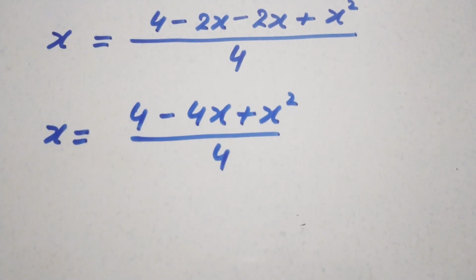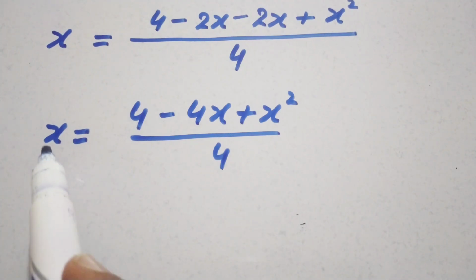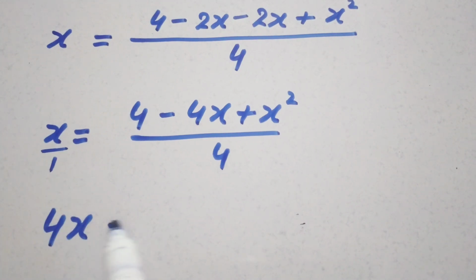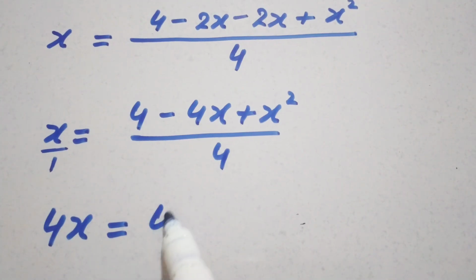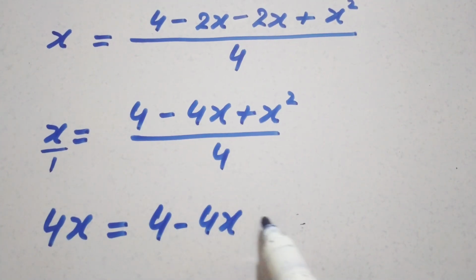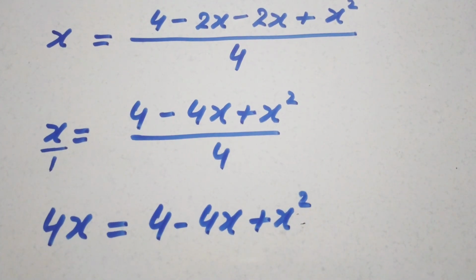Now by doing cross multiplication, here in the denominator of x there is 1, so 4 will multiply by x, this will become 4x is equal to 4 minus 4x plus x squared.